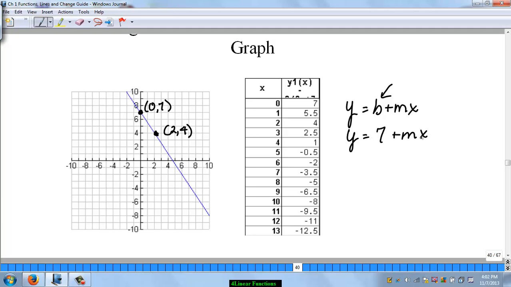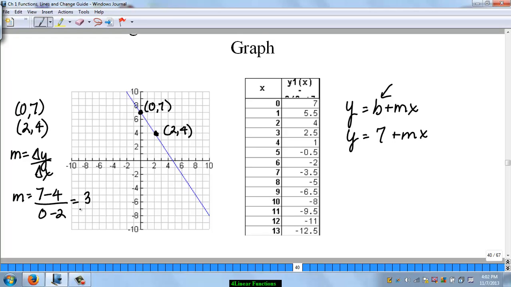Now I want to find the slope. Well, the slope I'm going to do separately, but I do know it's negative because the line is going in the negative direction. So let's stack and rack over here. So I have (0, 7). I have (2, 4). So let's do the slope. It's delta y over delta x. So the slope is going to be 7 minus 4 over 0 minus 2.